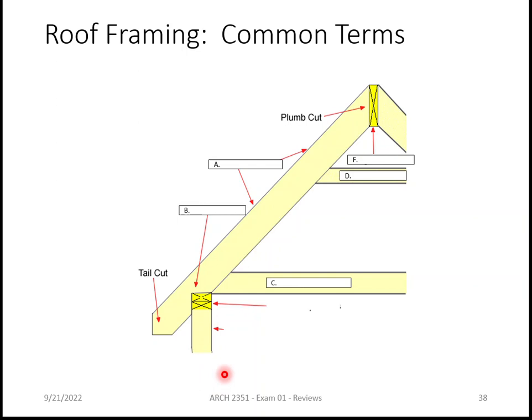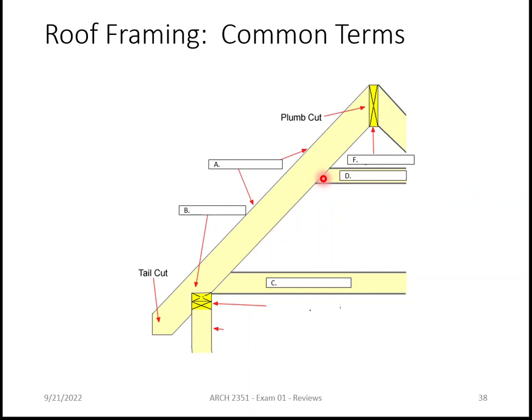Cross tie. What is it for? It's for the rafters. When we want to make that connection, we triangulate it. We put a member in here, we triangulate it, and now it's stiff.